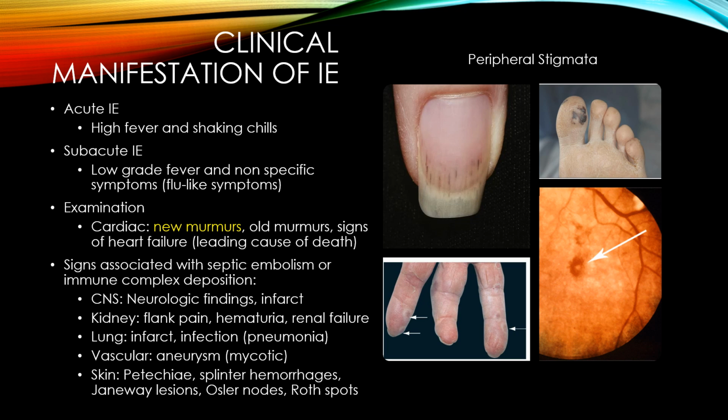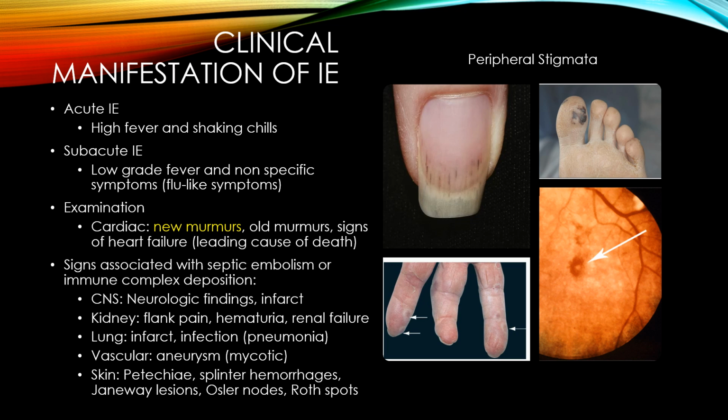Kidney: flank pain, hematuria, renal failure, glomerulonephritis, which I mentioned before. Lung: infarct, infection. Sometimes they may even present with pneumonia. Keep in mind that to see what looks like a PE or a pneumonia means the right side of the heart was probably seeded, like the tricuspid valve, for instance.